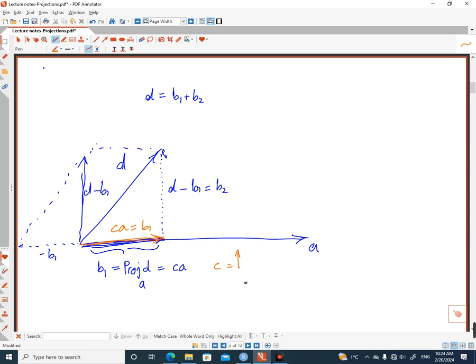I will come back to this theorem. So this is actually the concept of projection. We can project D onto A. This projection is a proportion of A, which we call B1, so we can construct D as B1 plus B2. This B1 and this B2 can construct D.